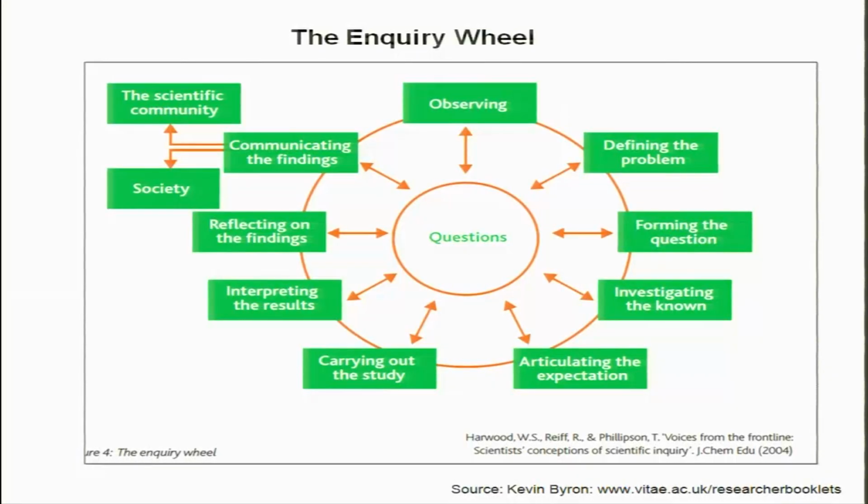It's called the inquiry wheel. Again, I'm borrowing it. These questions really start with you asking something and then you start observing. Once you observe, you ask certain questions: these are patterns that are similar, and then you define a problem. When these patterns exist like this, probably they mean this.